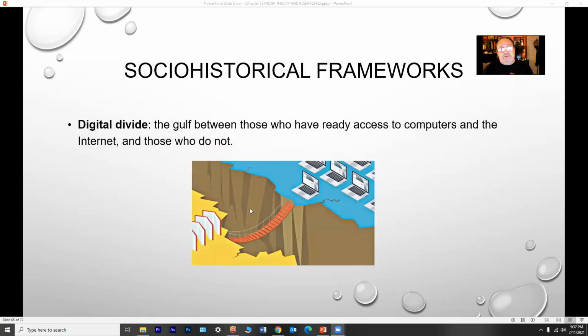The digital divide, this is what I was mentioning earlier. The reason I say maybe we haven't gotten to a total information society is because there's a lot of folks who do not have access to computers and the internet. It's a lot. There are a lot of people in our Tri-County area where it's very difficult to get an internet connection because we live in a mountainous area, and the mountainous area makes it hard to lay cables and lines, and there's a lot of poor people typically in mountainous areas.